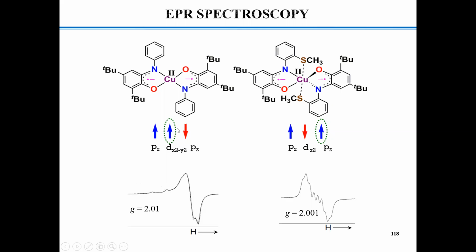Because of the twisting nature of this molecule, the two ligands are a bit twisted. As a result, magnetically, these two pz orbitals come within interacting distance, so that interaction takes place effectively compared to the 1-2 interactions observed over here.